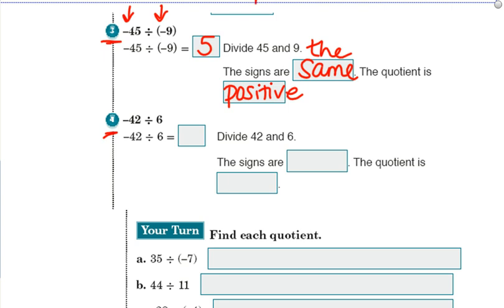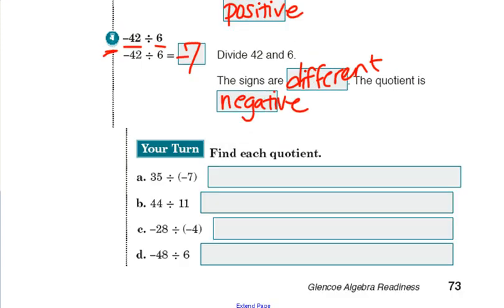Number 4 here, we have a negative 42 divided by a positive 6. Divide 42 and 6 and we get 7. The signs are different. The quotient is negative. Since we know that, we can add a negative 7 there. All right, so that was pretty easy.